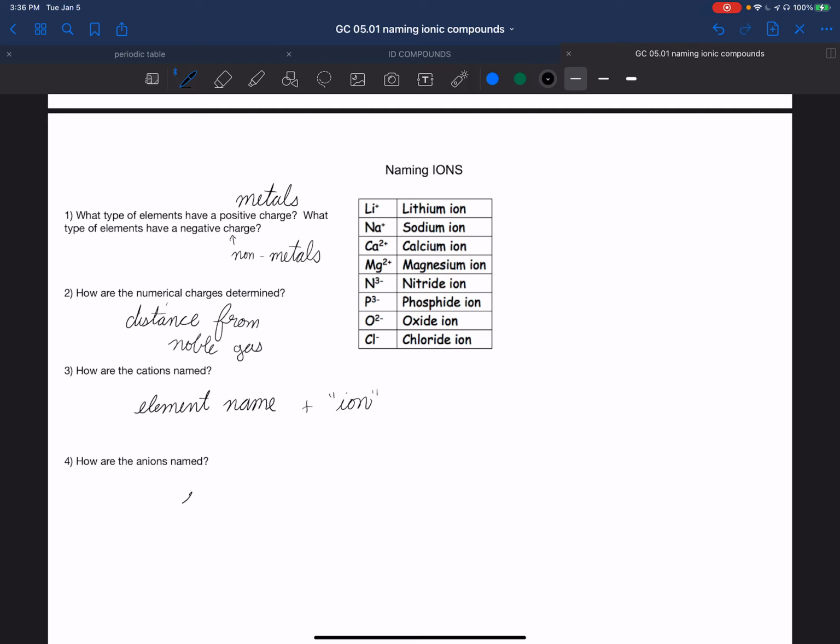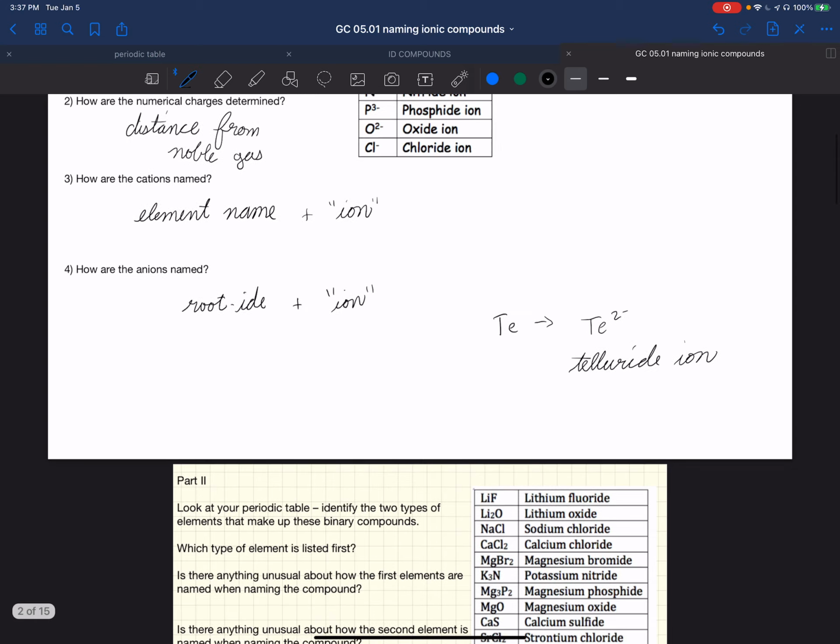So it would become Te2 minus, which would make it an anion, which would make it telluride ion. Huh, that's funny. Okay, so great.